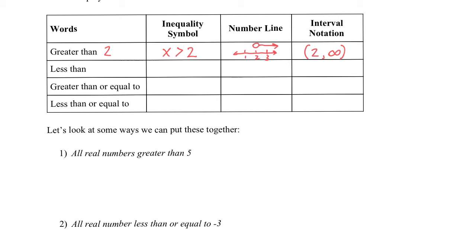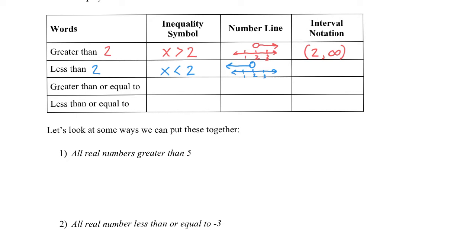All right, let's do another one. I know this is a little bit confusing, but let's just do another one. How about less than 2? On my number line, 1, 2, 3, there is an open circle at 2. This time we're pointing to the numbers less than it.